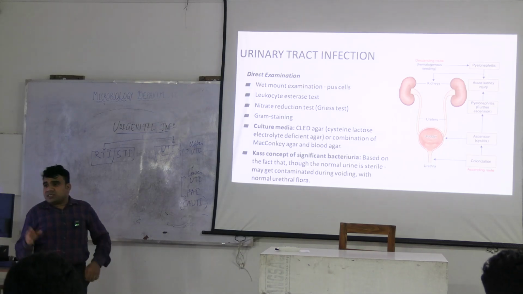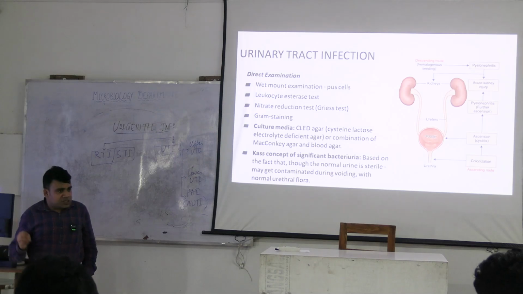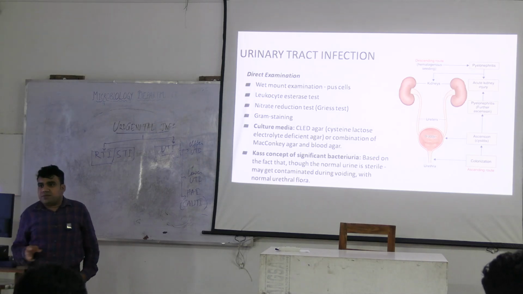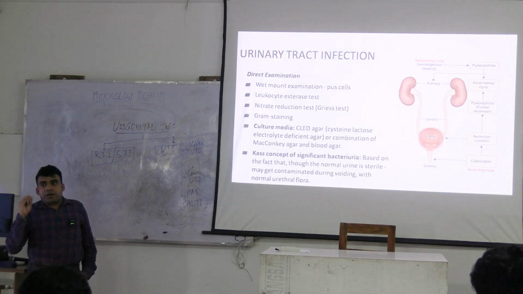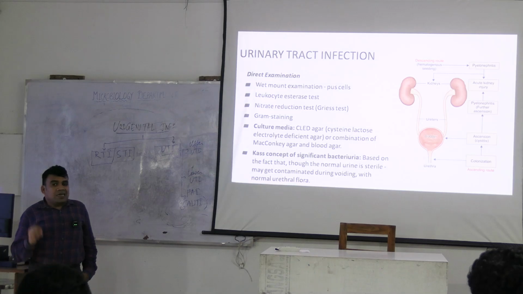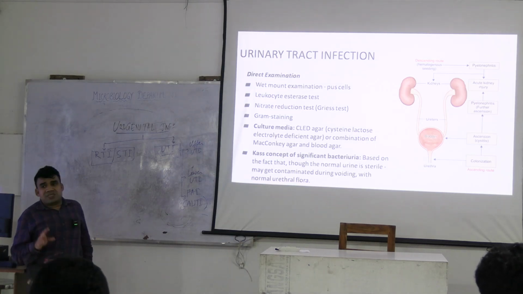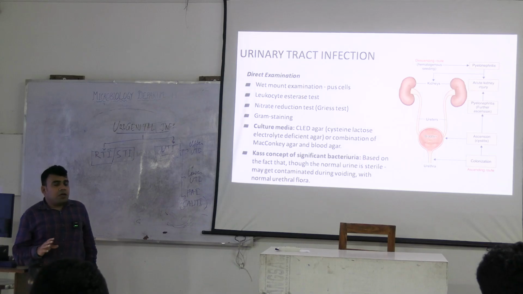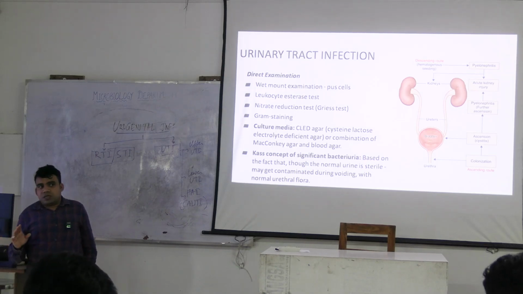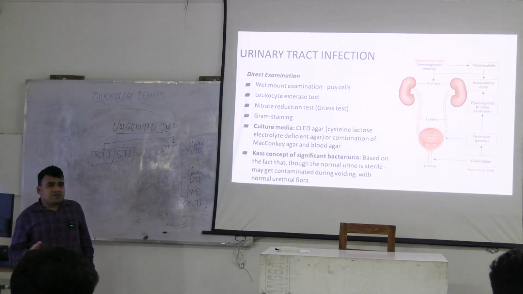In these females, the chances of contamination are highest. Hence, in these female patients, if the number of bacteria in a midstream collected urine sample is more than 10 to the power 5 colony forming units, then only it is considered significant.